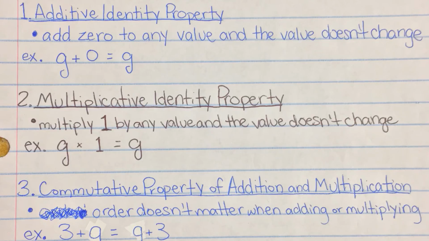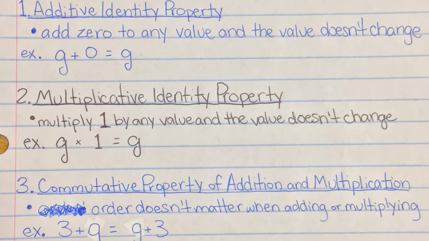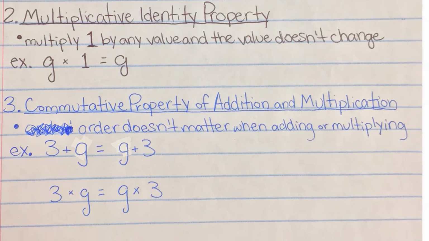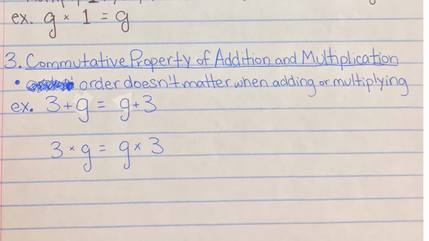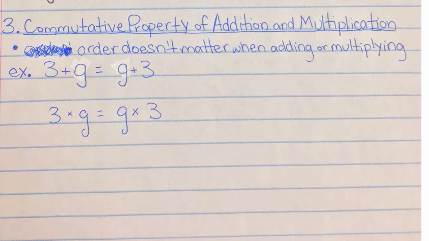And then the last one takes probably a little bit more thinking, but I think it's pretty straightforward. We have the commutative property of addition and multiplication. Now this title is a little bit longer, but right away we know that it'll involve addition and or multiplication. And commutative just means exchangeable.